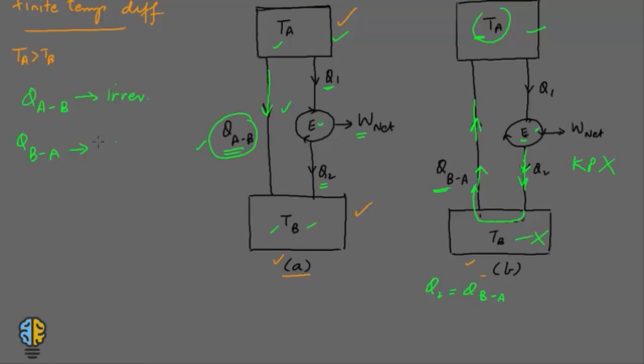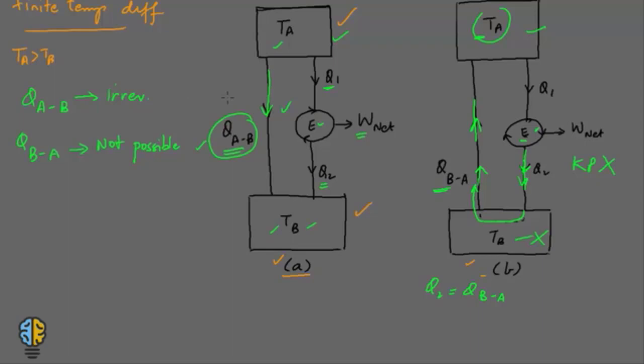So this is not possible at all. This gives us some very important conclusions. This is the proof, or you can say demonstration with the help of the second law, that heat transfer through a finite temperature difference is irreversible.